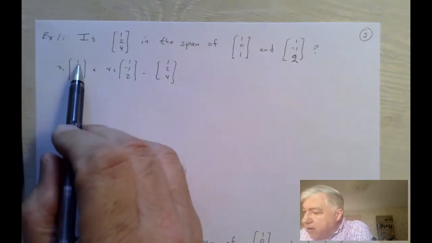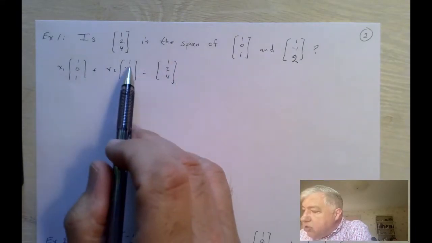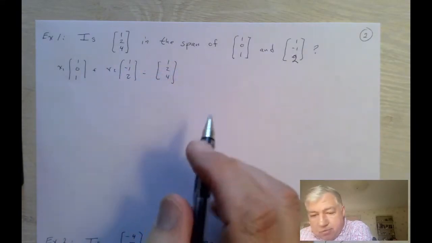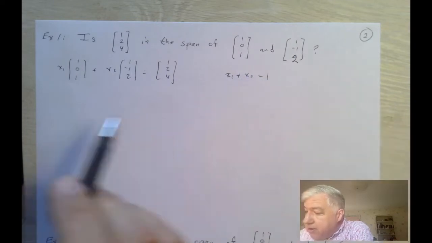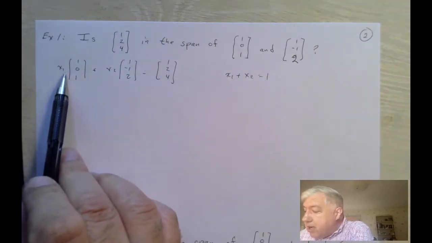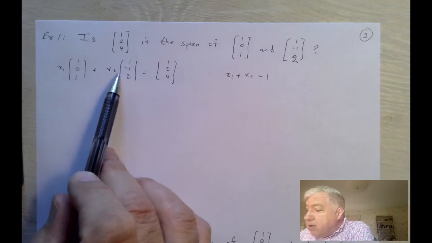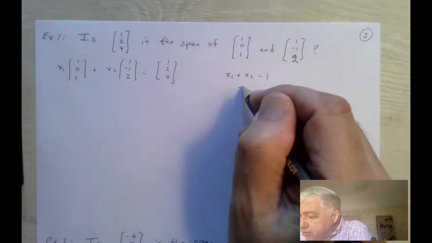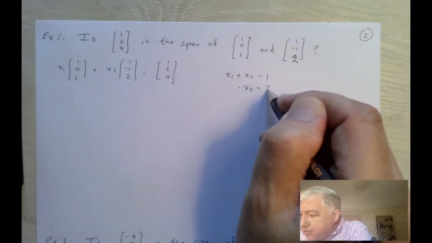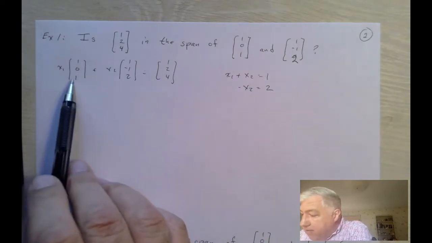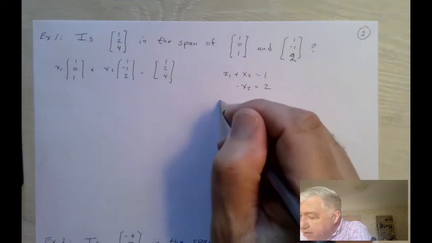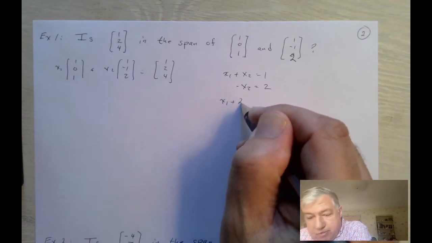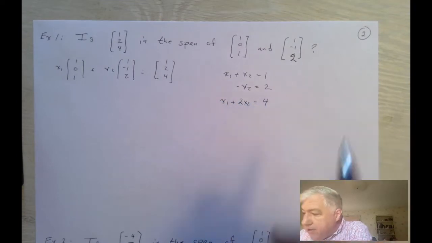We have 1 times x1 plus 1 times x2 is equal to 1, so we get that x1 plus x2 equals 1. We get 0 times x1 minus 1 x2 is equal to 2, so this is minus x2 equals 2. And then we have 1 times x1 plus 2 times x2 is equal to 4, so we get x1 plus 2x2 is equal to 4.